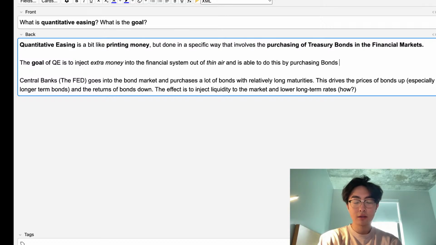Purchasing bonds with money that doesn't exist.